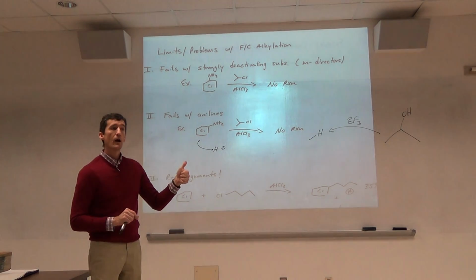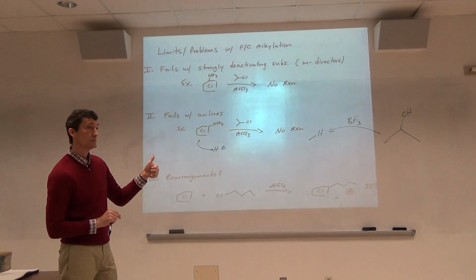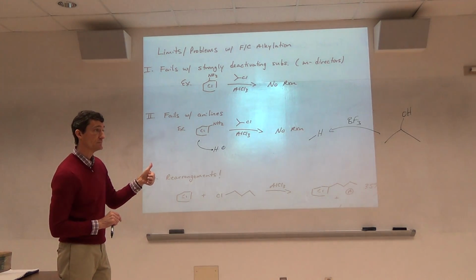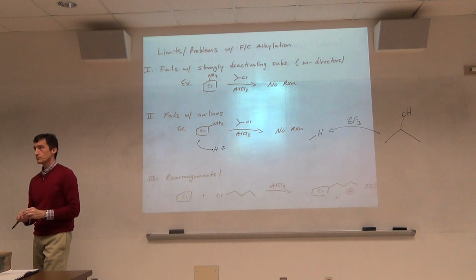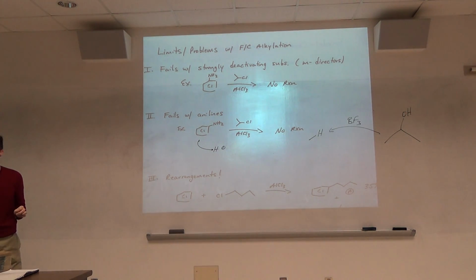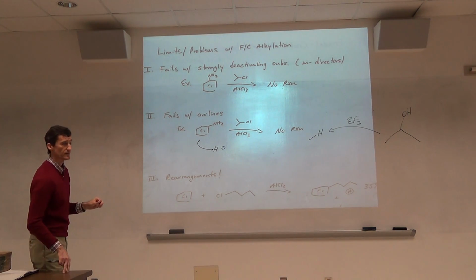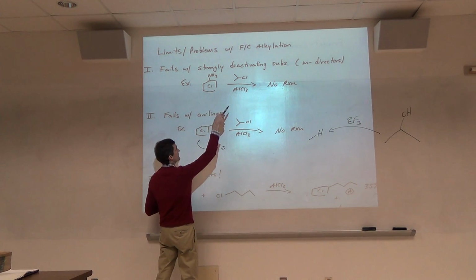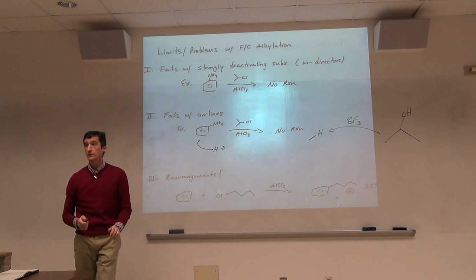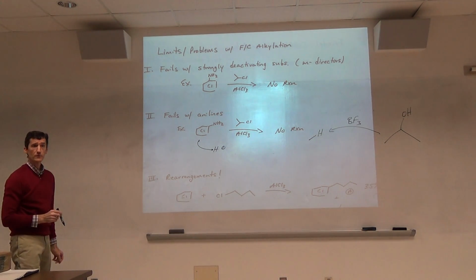Group 4. Group 4 is also known as what type of directors? Yeah, Group 4 are your meta-directors. Friedel-Crafts doesn't work when you have a meta-director or a strong deactivator. For example, if you try to do a Friedel-Crafts alkylation just like we did our mechanism with nitrobenzene, it won't work. Because nitro is a strong deactivator.